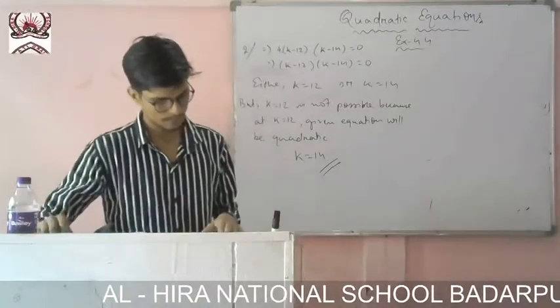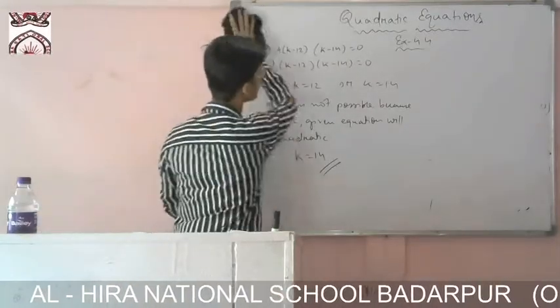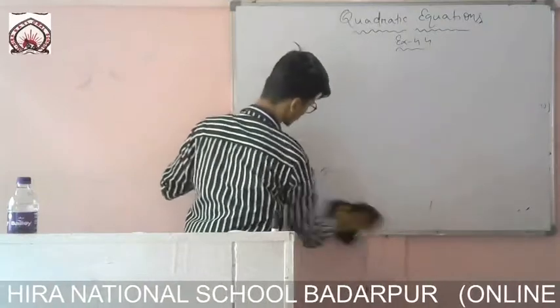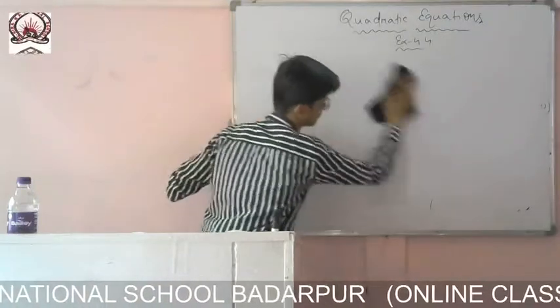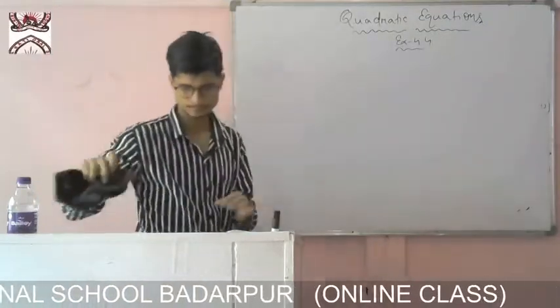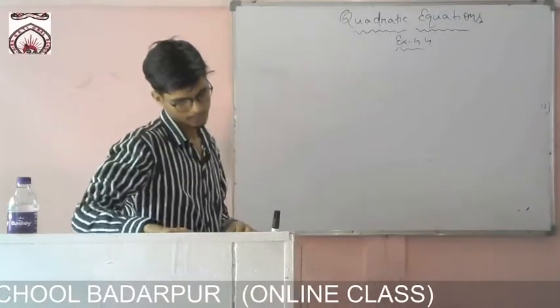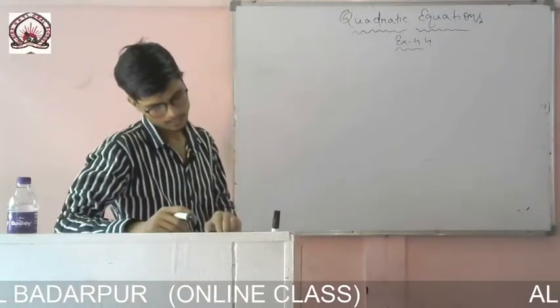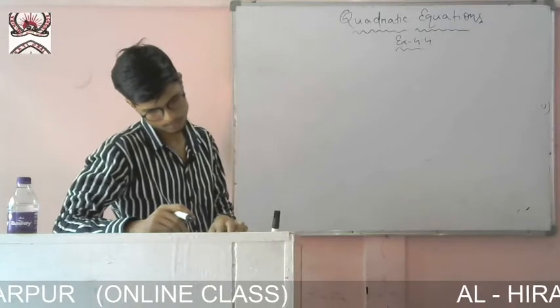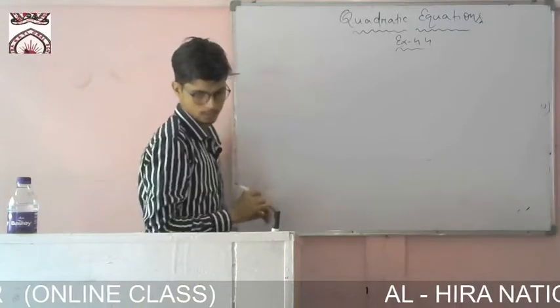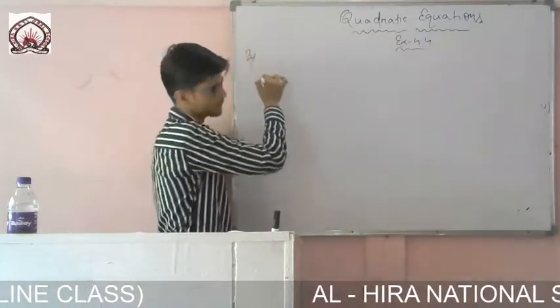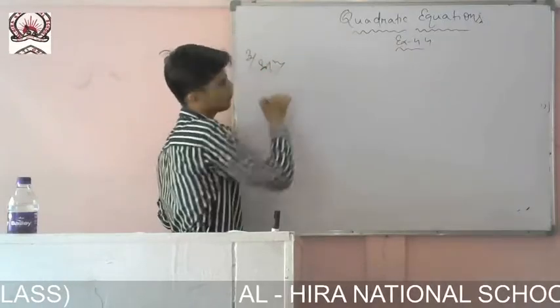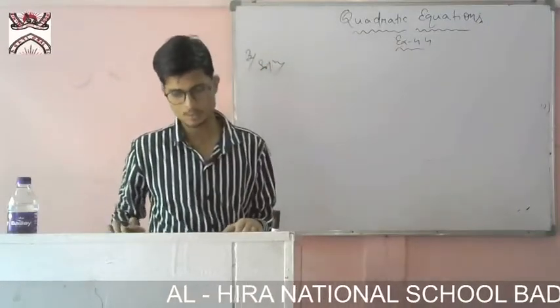So let us do the first one. Is it possible to design a rectangular mangrove forest whose length is twice its breadth? So question number 3. What is given here? Length is twice its breadth.